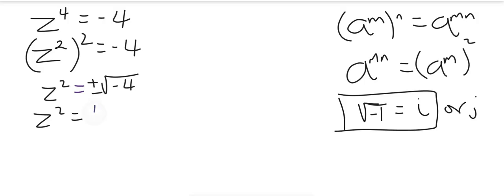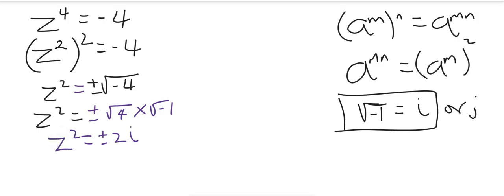So I have plus or minus square root of 4 times square root of negative 1. So this is plus or minus 2i. Square root of 4 is 2, square root of negative 1 is i.